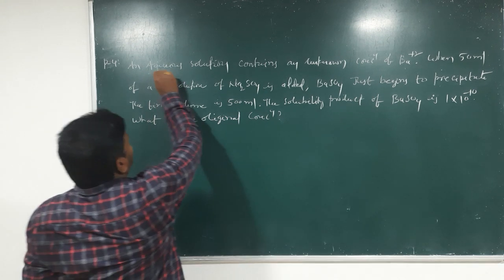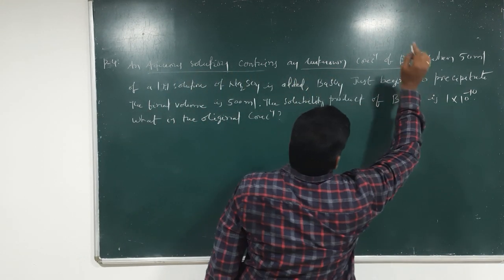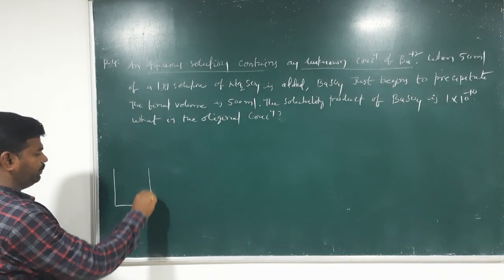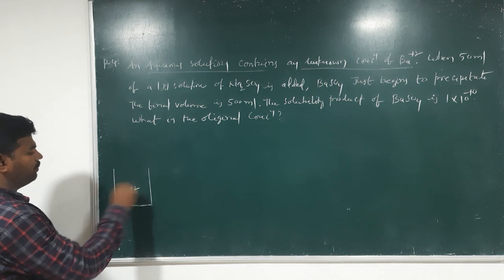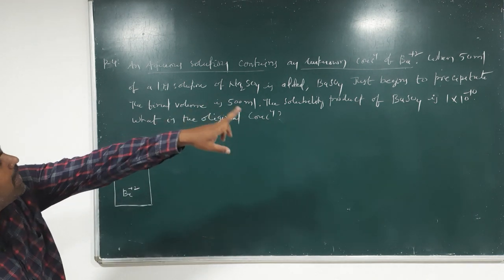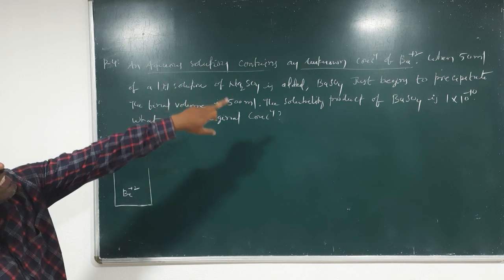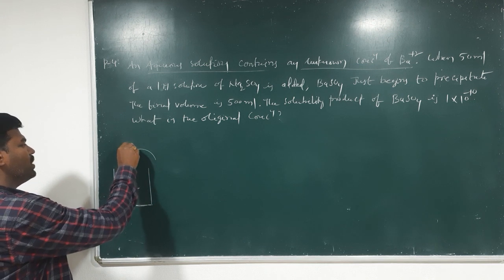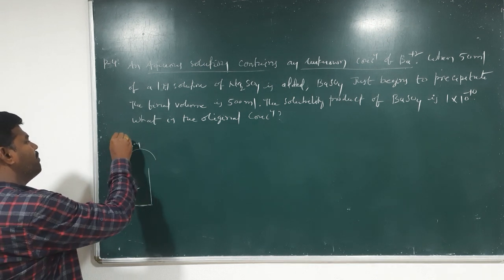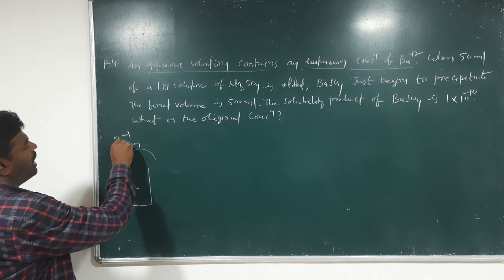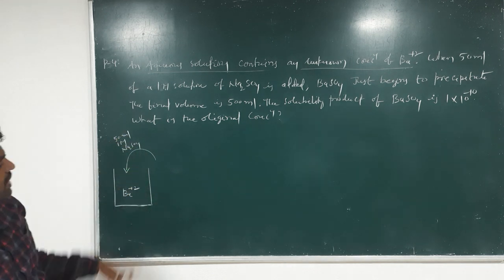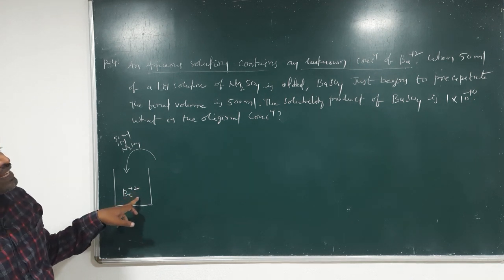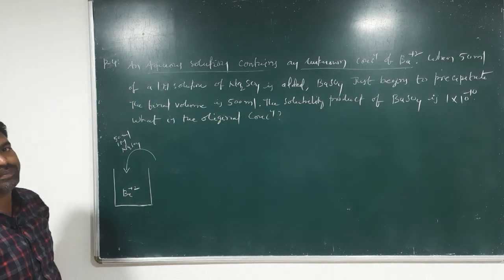An aqueous solution contains an unknown concentration of Ba plus 2. So, let us take the unknown concentration of Ba plus 2. When 50 ml of 1 molar Na2SO4 is added, barium sulfate just begins to precipitate.